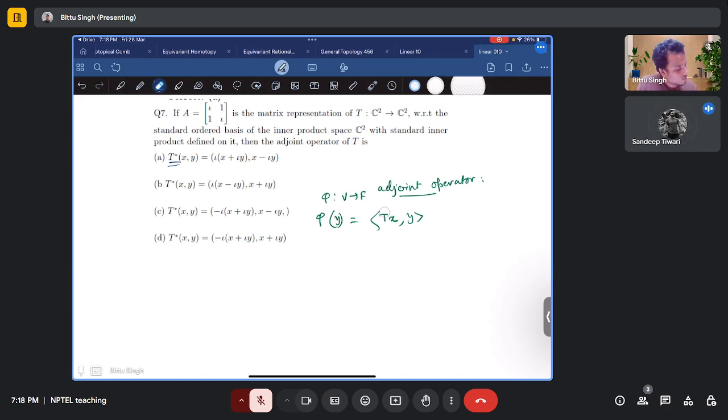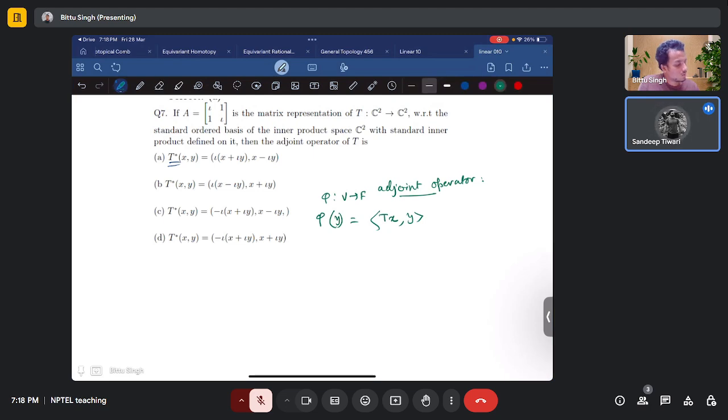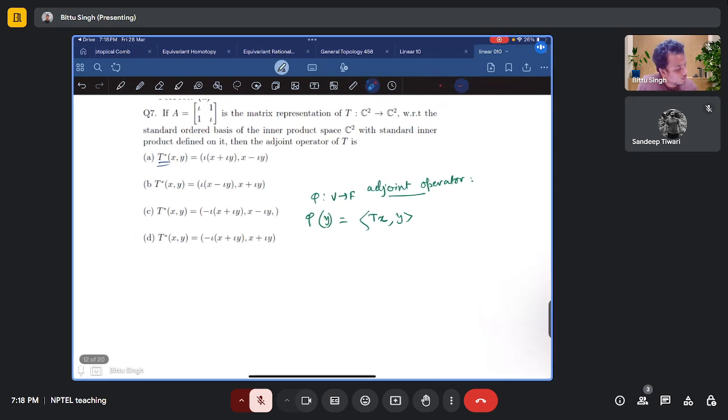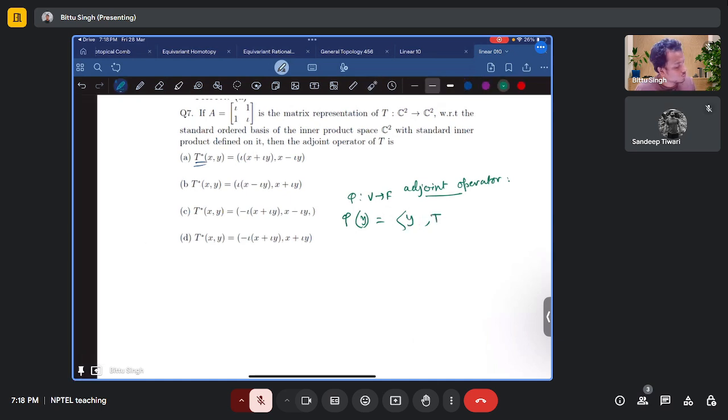In the first coordinate there is none, but if you choose cy, then phi of cy, you cannot take c out. So that is not a linear functional. But what can you do? You just reverse the thing: y comma Tx. So fix x and vary y.